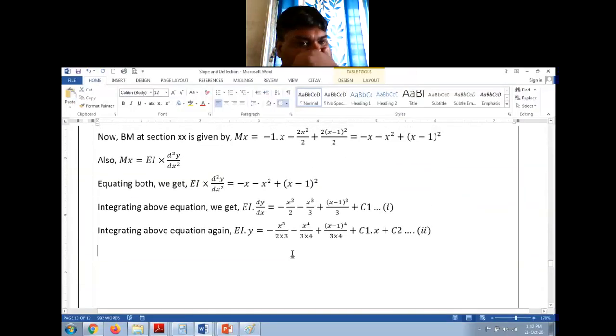Now let us apply the first boundary condition. Applying boundary condition at x equal to L equal to 2 meter, y is equal to 0, right?